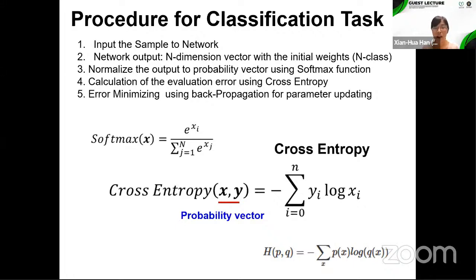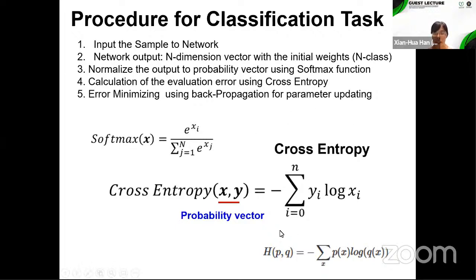What is cross-entropy? Here I show the cross-entropy equation. Here x is the estimated predicted probability vector from the network, compared with the ground truth, like 1, 0, 0, which is a ground truth probability vector.